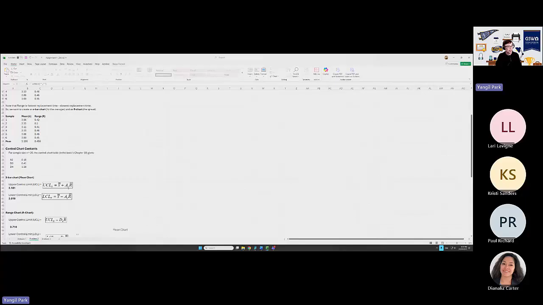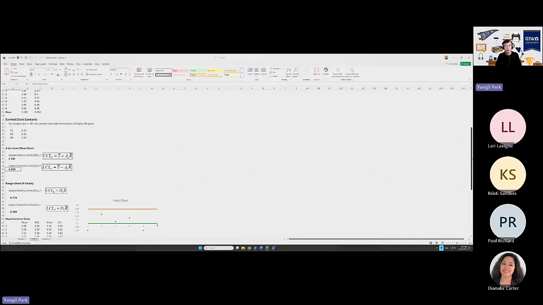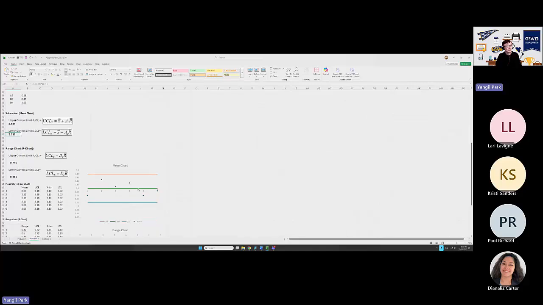We plug in, again this will be given if it's needed, and then we find the upper limit and lower limit. And for the range, same thing. The constants for the range formulas are a little different because they have D4, D3.